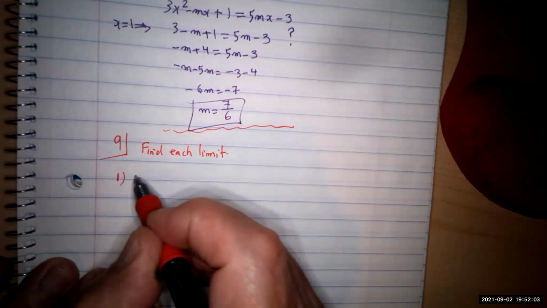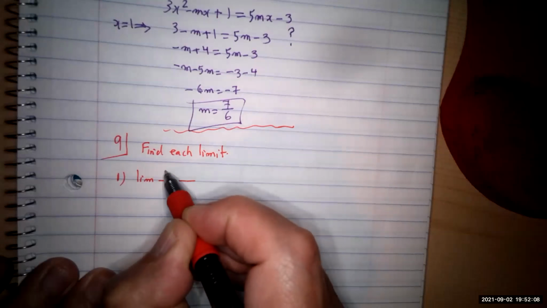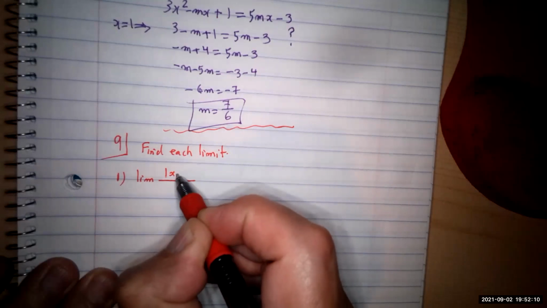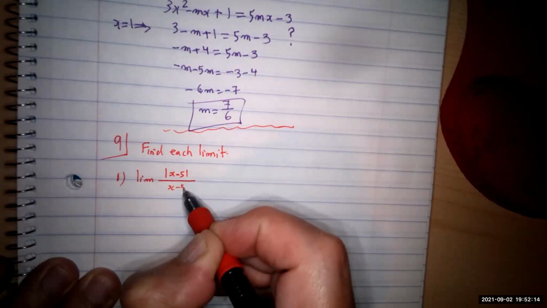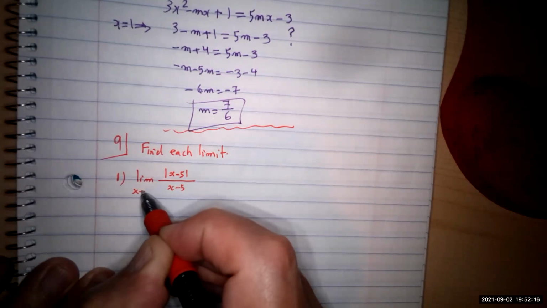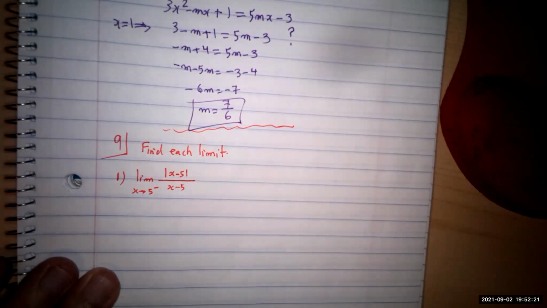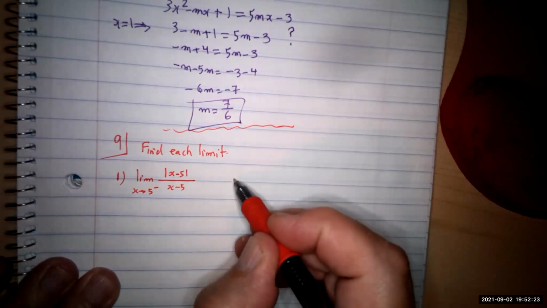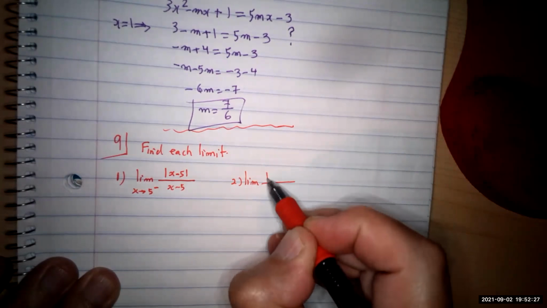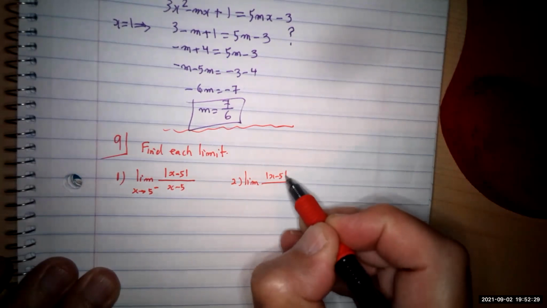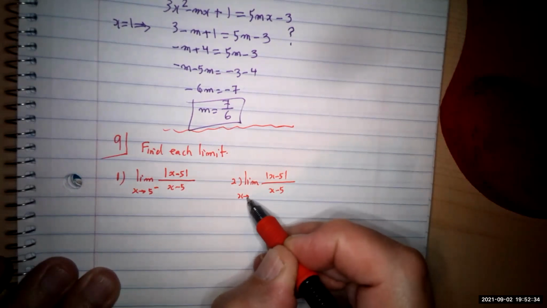The first one is the limit of the absolute value of x minus 5 divided by x minus 5 when x goes to 5 negative. That's the first one. The second one: what is the limit of the absolute value of x minus 5 over x minus 5 when x goes to 5 positive?